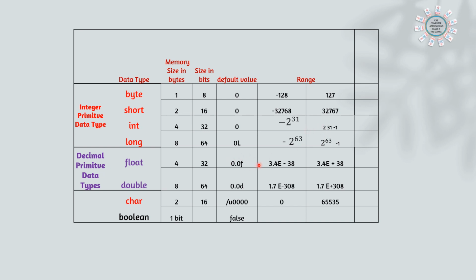Long is minus 2 raised to 63, and the biggest number 2 raised to 63 minus 1. Mostly byte and short will be asked. And for float, here you can see the values, and char is from 0 to 65535. Mostly the question can be asked only from byte, short and char. But take care, this is easy to remember: 2 raised to 31 and 2 raised to 63. It is not a big deal, so you can remember that. But mostly keep in mind that byte, short and char can be asked.